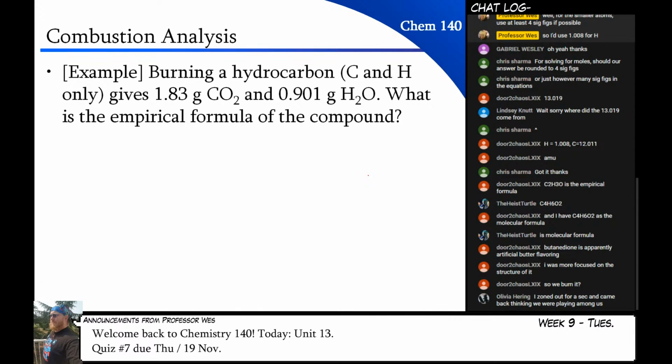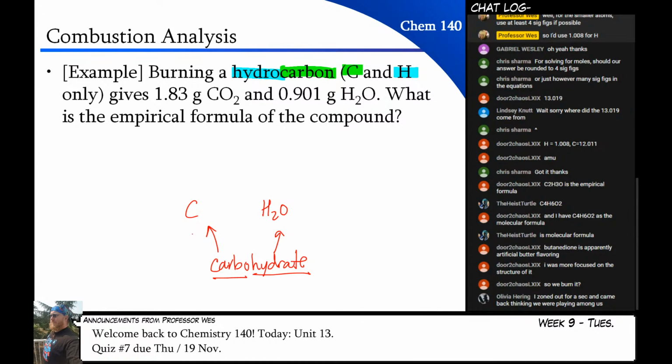I'm going to burn a hydrocarbon. Whenever you hear the word hydrocarbon, you should think, okay, hydro, that's H, and carbon, that's C. Now, as an aside here, there's another word that's similar to this, carbohydrate, where carbo is your carbon, but hydrate is water.